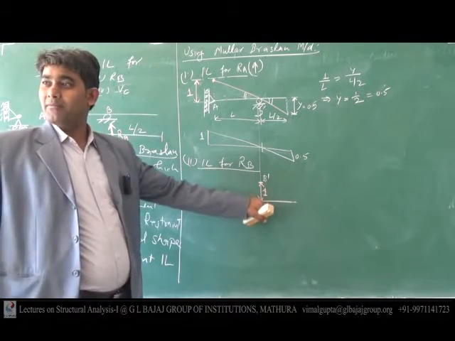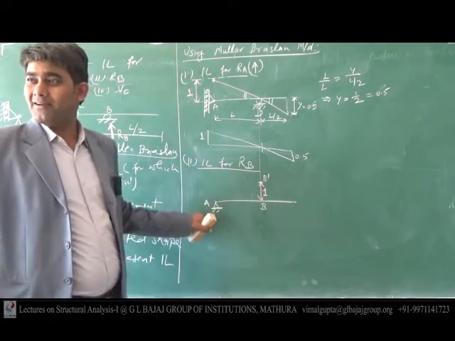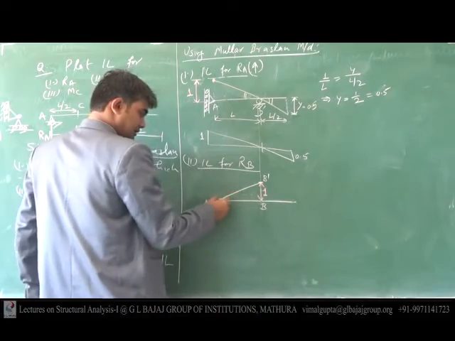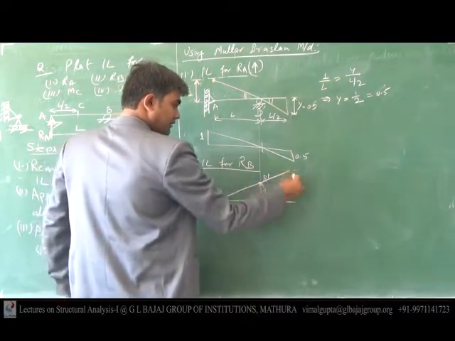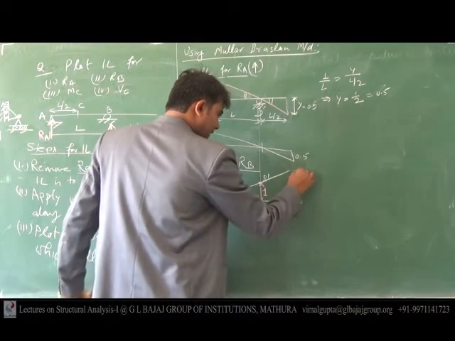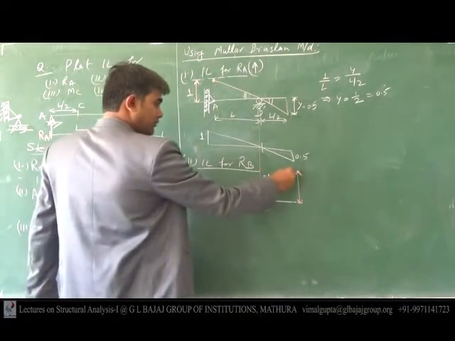Since this entire beam is supported at only one point, so what will happen? What will be that displacement? You can calculate from your geometry. So this is the deflected shape.